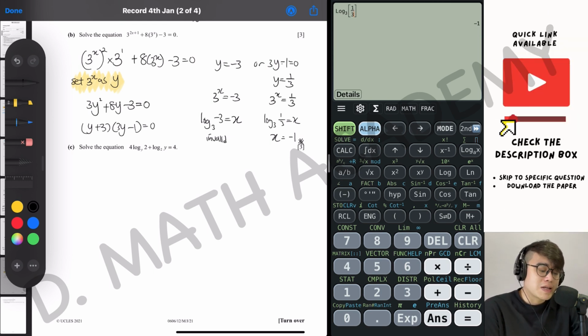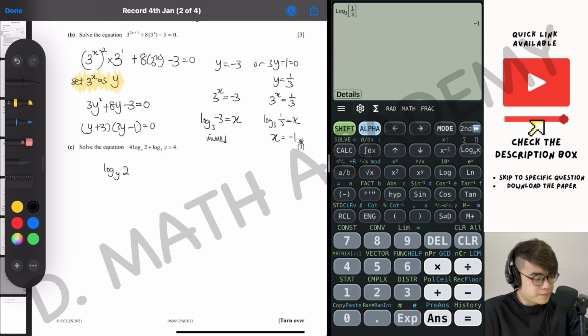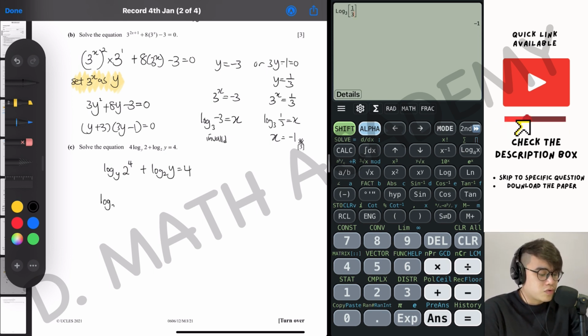So maybe I will set it as log 2 because it's easier that way. The first thing that I'm going to adjust will be the value at the front here, where I bring back the 4 to it. Then the next thing that I'm going to do is to change up the base, where I have log 2 to the power of 4 as well as log 2y.